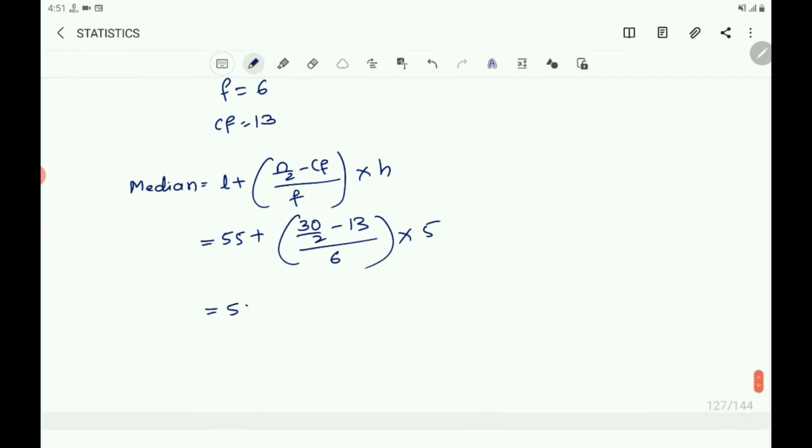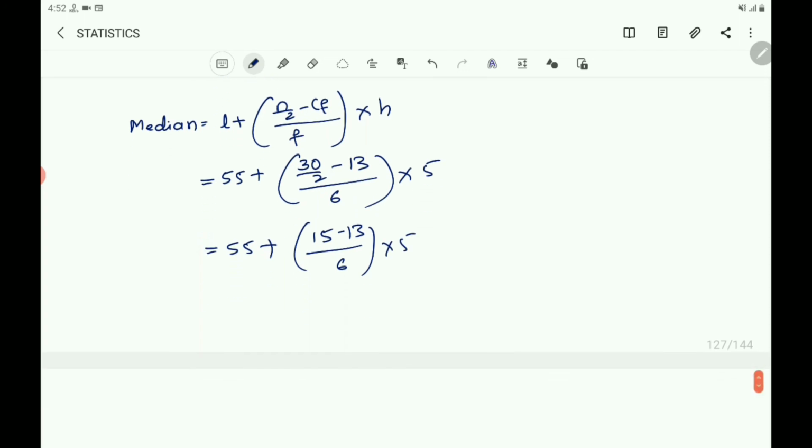That equals 55 plus 30 by 2 is 15, 15 minus 13 by 6 into 5. That equals 55 plus 15 minus 13 is 2 by 6 into 5.